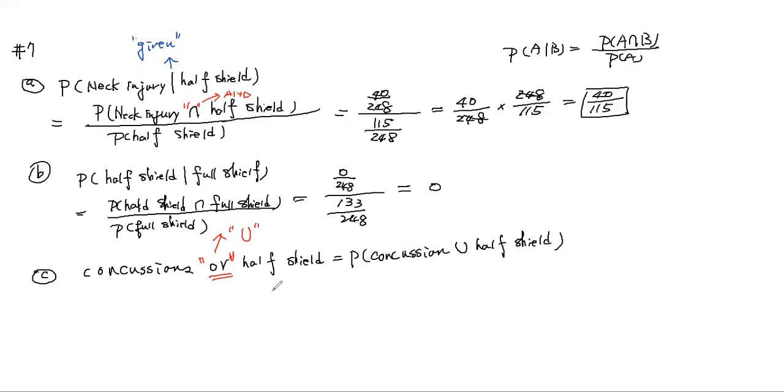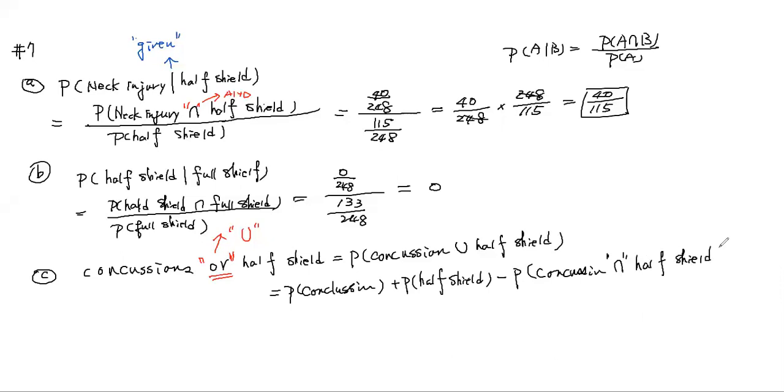Then, by using the addition rule, I can say this is the probability of the concussion plus the probability of the half shield, then minus the probability of a concussion intersect the half shield.